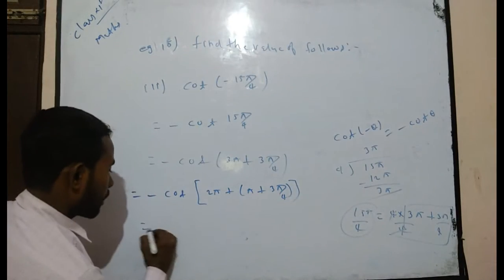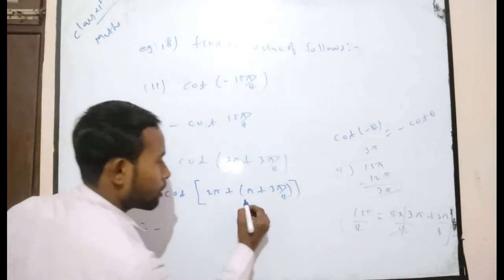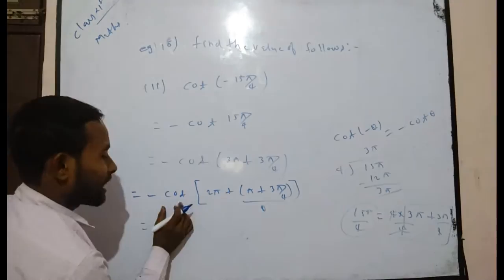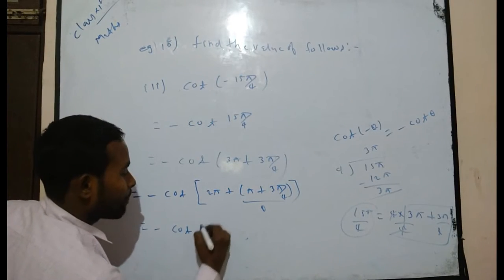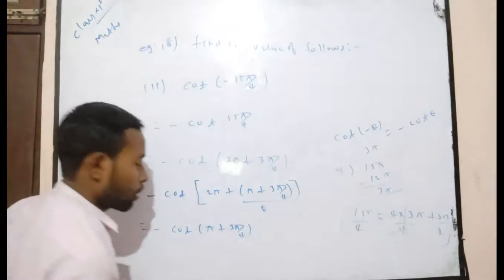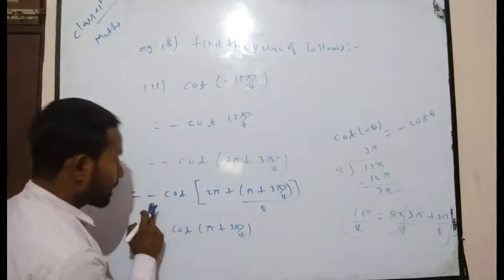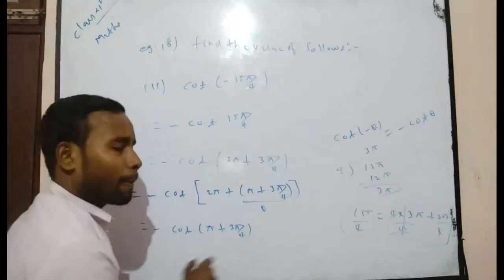Now, as you know, if you suppose this angle as theta, then cot 2 pi plus theta is equal to cot theta. So you can write it as minus cot of pi plus 3 pi by 4. Here the negative sign is already taken. Now what is the value of cot pi plus theta?